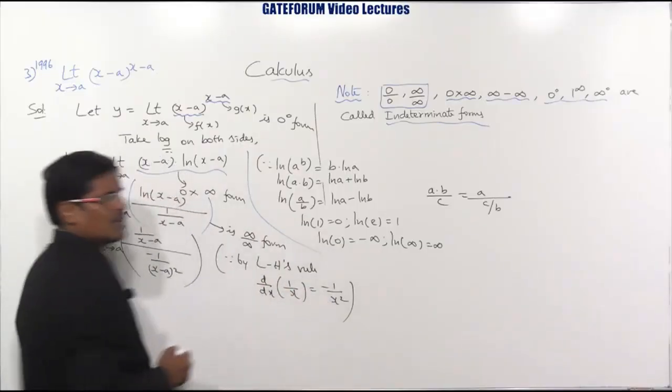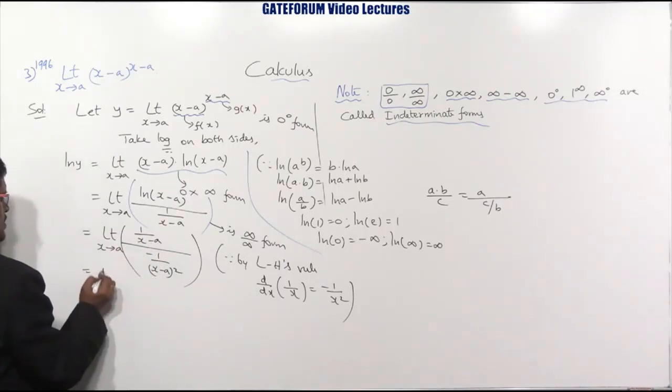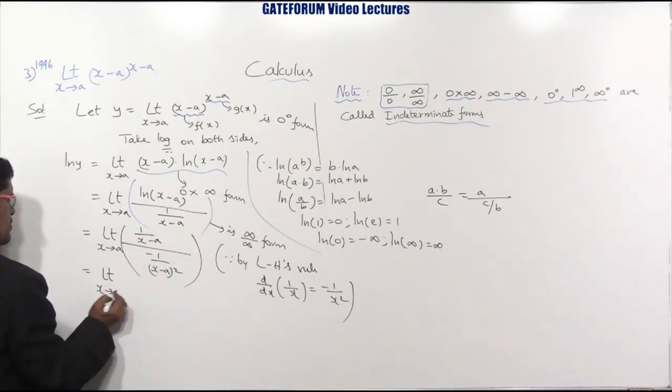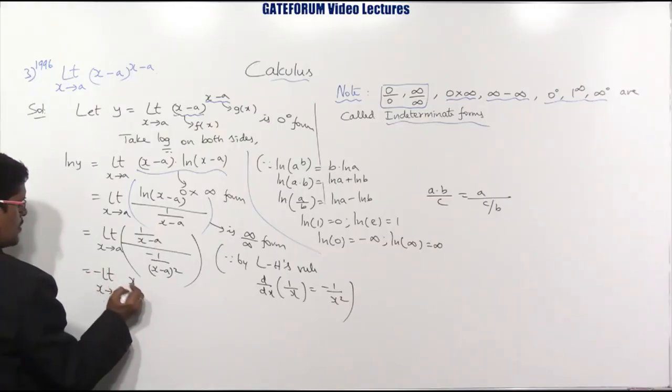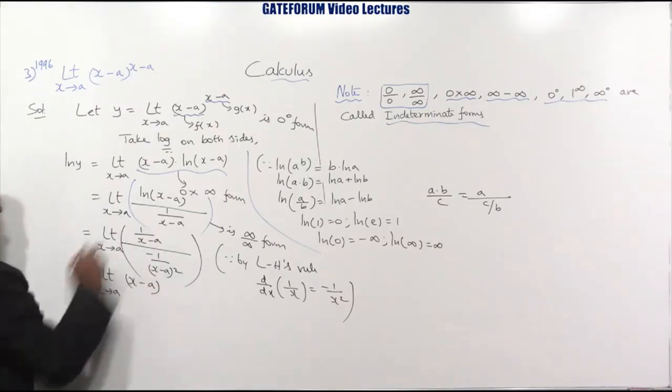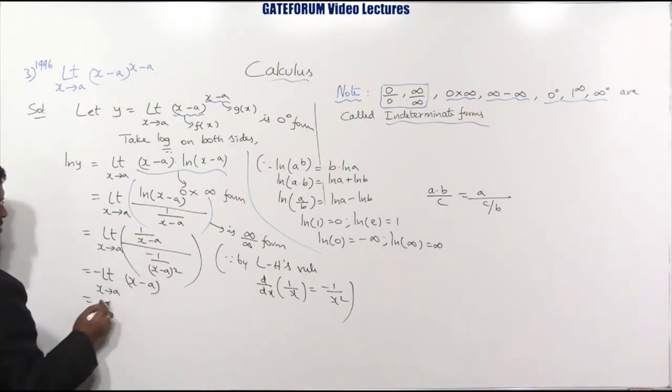So fraction divided by fraction, the second fraction goes to the numerator and becomes its inverse. So minus, take out, then 1 by x minus a cancels, and finally it becomes x minus a. This x minus a is not one of my 7 standard limits, put x equal to a, it becomes 0.